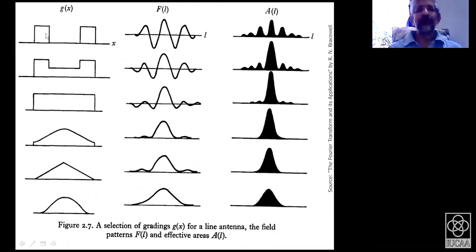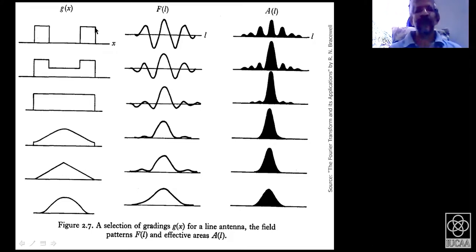So you will find that if you're given two boxes like this, two rectangular windows like this, you can imagine this in a variety of ways. You can imagine that to be a window function of this width minus a window function of a narrower width. And by using linear superposition, you can write the transforms for both of them, which are sinc functions of different widths.